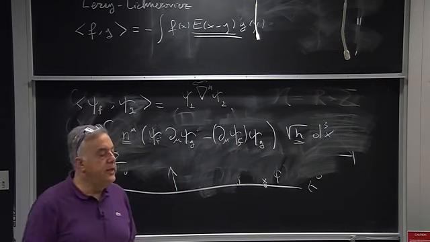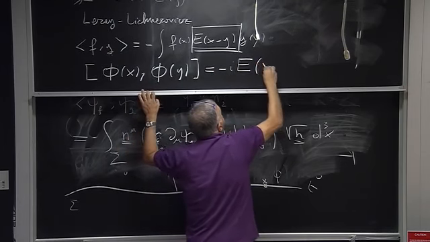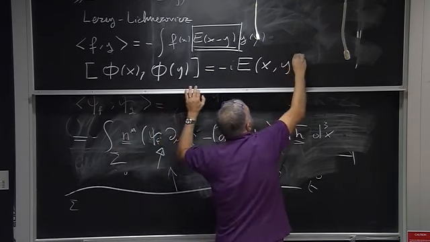Global hyperbolicity tells you that there is this analog of the Pauli-Jordan function on a globally hyperbolic manifold, and this gives rise to the Klein-Gordon inner product in the space of solutions, and also on a globally hyperbolic manifold, quantization, the first step in quantizing a theory of a scalar field satisfying the Klein-Gordon equation, consists in writing the covariant commutation relation in this way.